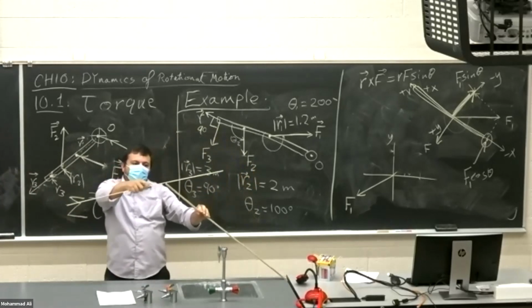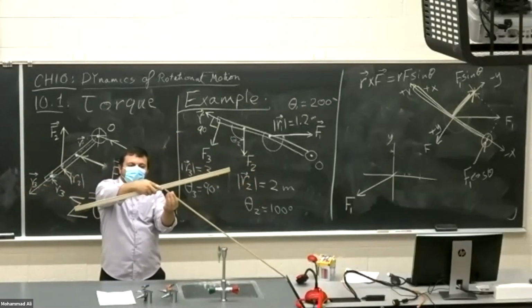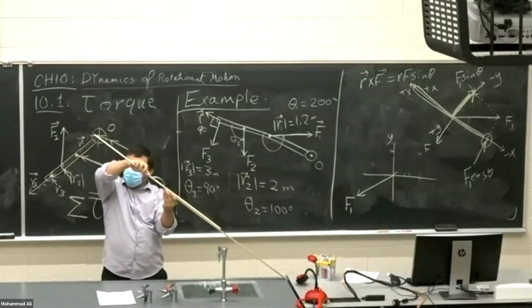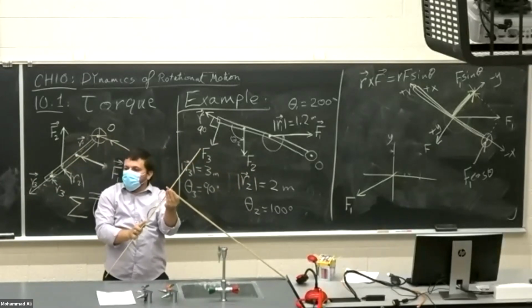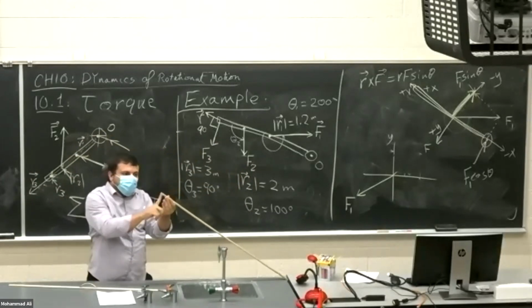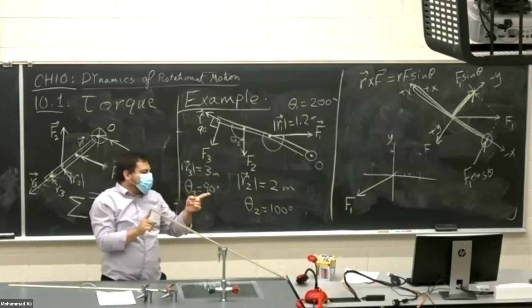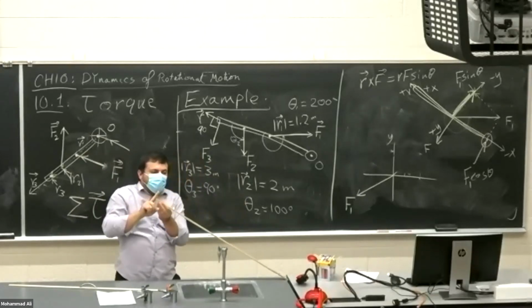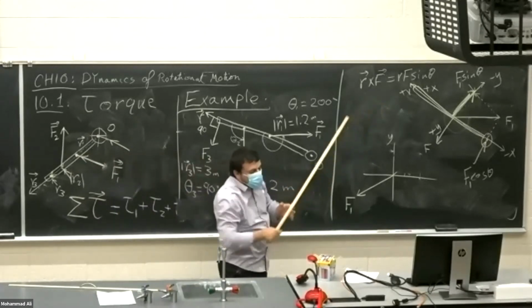If I apply a force with an angle like this one, this force has two components. One of them is parallel, it will not affect the rotation, and another one is perpendicular. It will rotate the object. So my moment, what you ask about it, Emma, it is the perpendicular effect of that force, which is F sine theta.